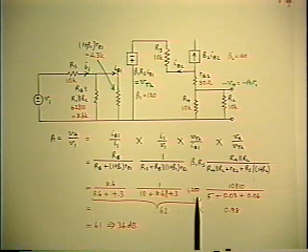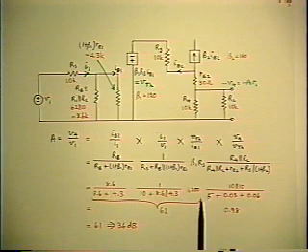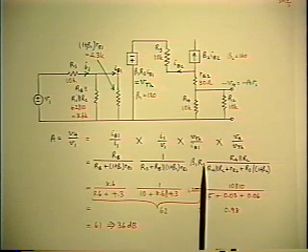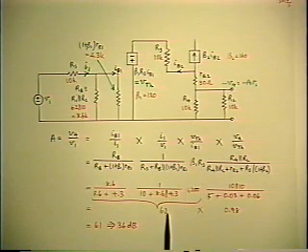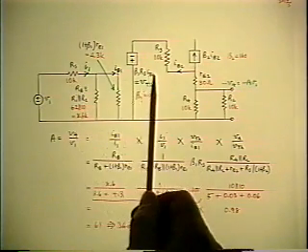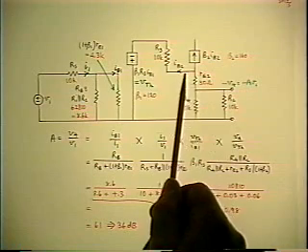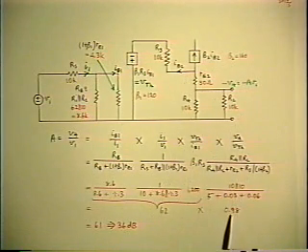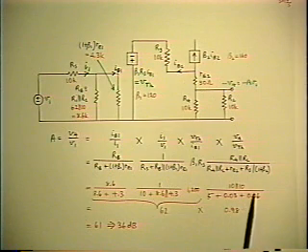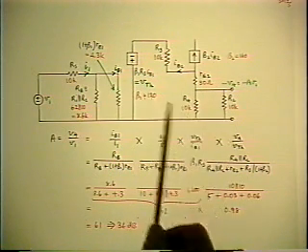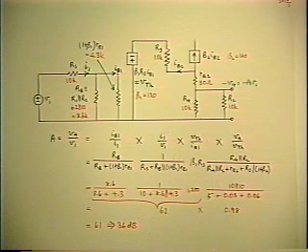When you substitute the numbers, you find that the first factor ends up being 62, which is essentially the same as it was for the first stage by itself, because the voltage gain of the emitter follower is almost unity, 0.98 in this case. In fact, that's one of the purposes of the emitter follower. The emitter follower gives you a big current gain, but it doesn't give you any voltage gain.